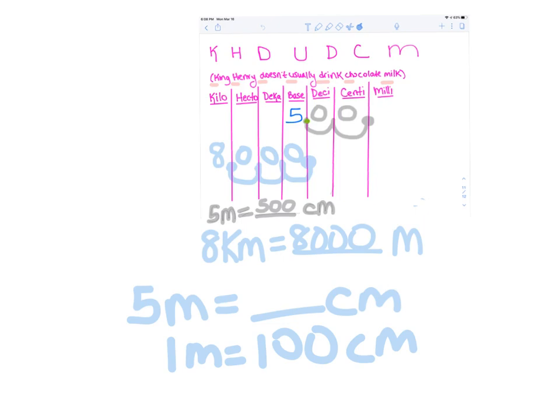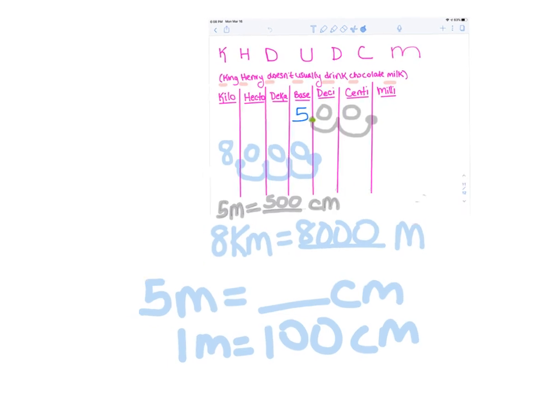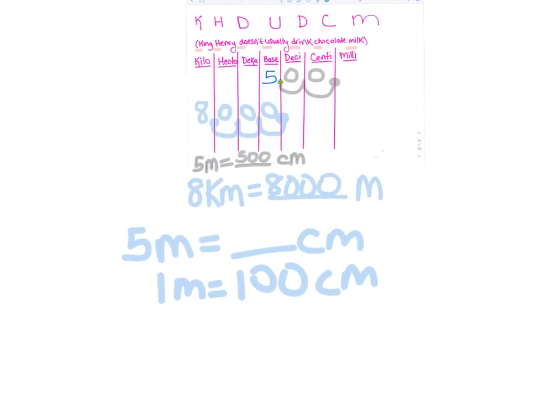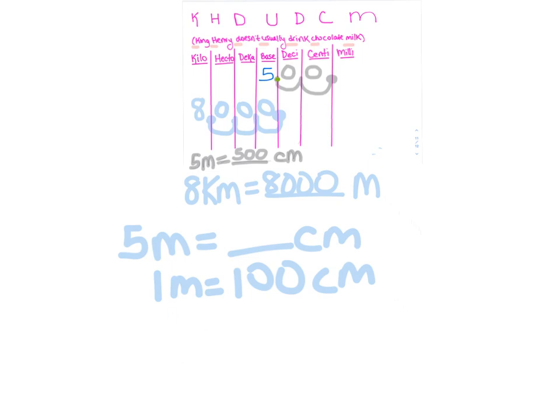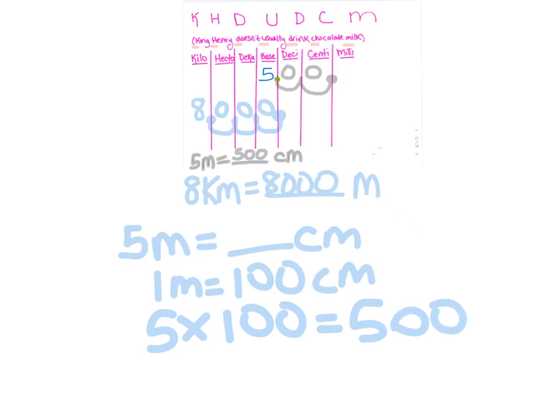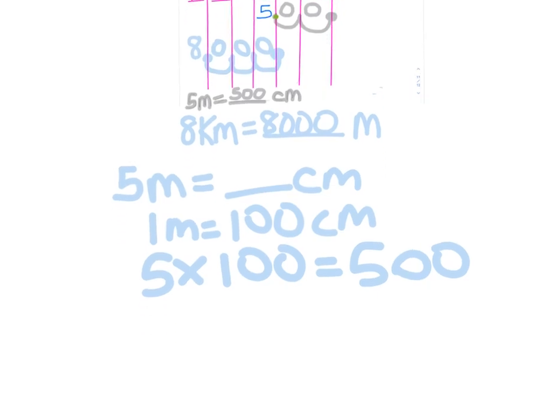And I also know that when I go from a bigger unit to a smaller unit, I can multiply to get that same answer. So I don't have to use the chart. When I go from a bigger unit to a smaller unit, I can multiply. Big to small, I multiply.